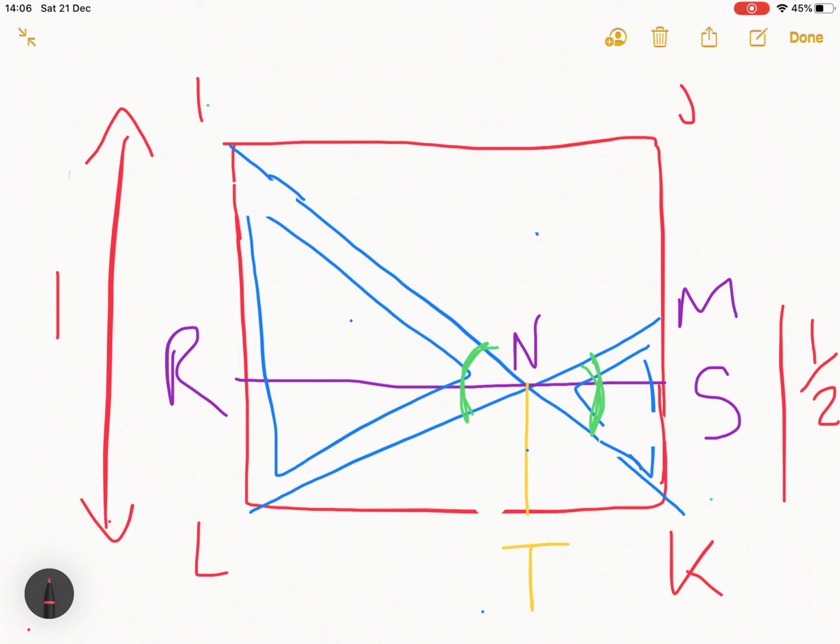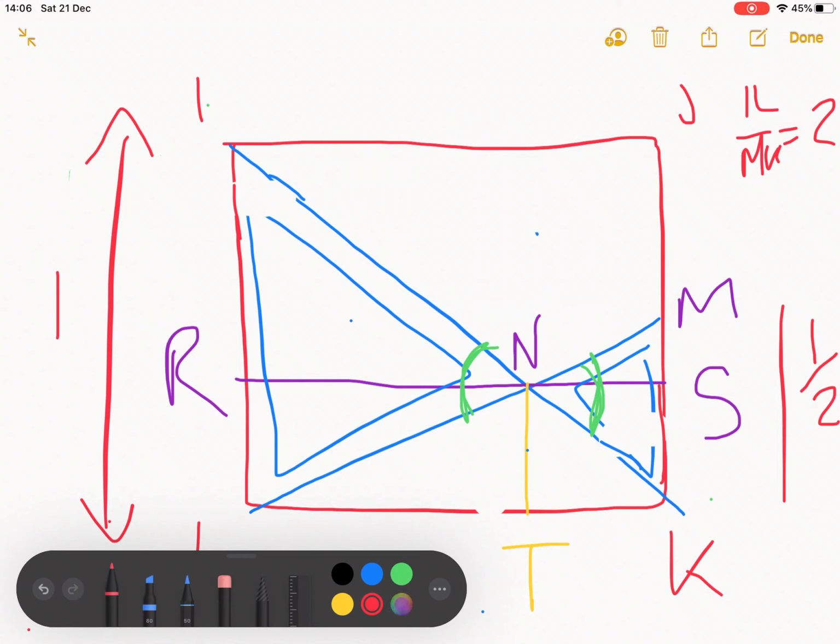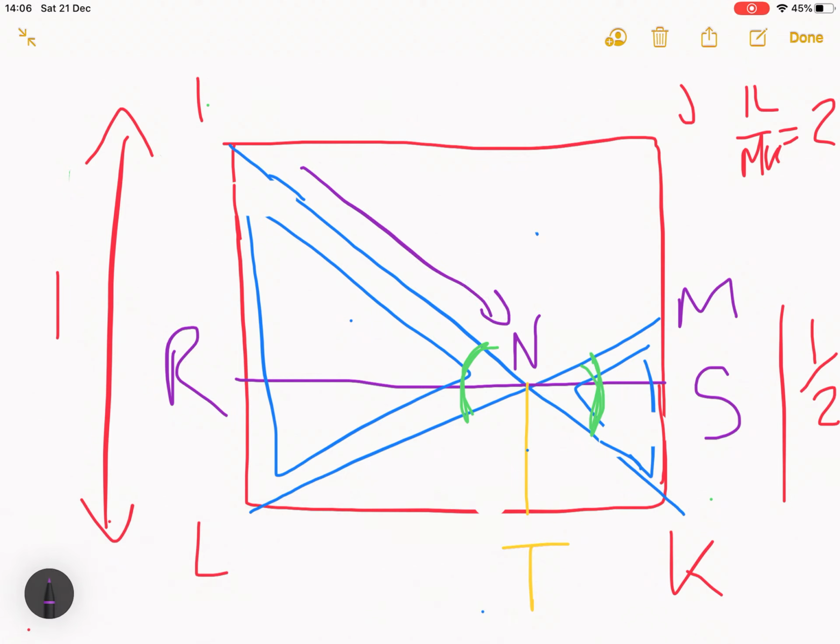So the ratio of IL to MK is 2, so IL is double MK. Therefore IN to NK would also be 2, so NK is half of IN.